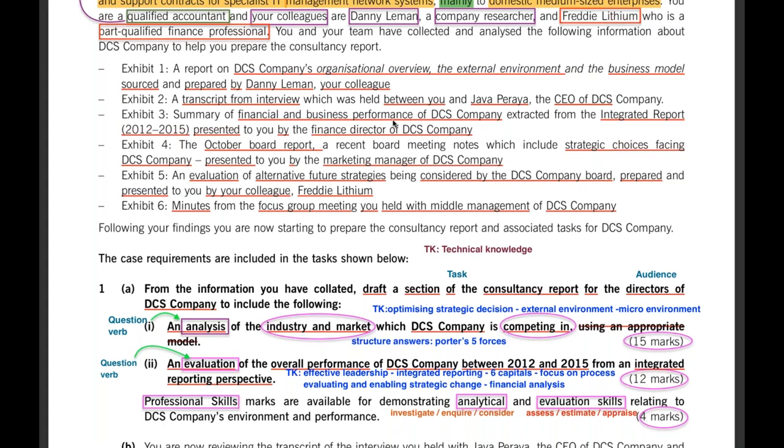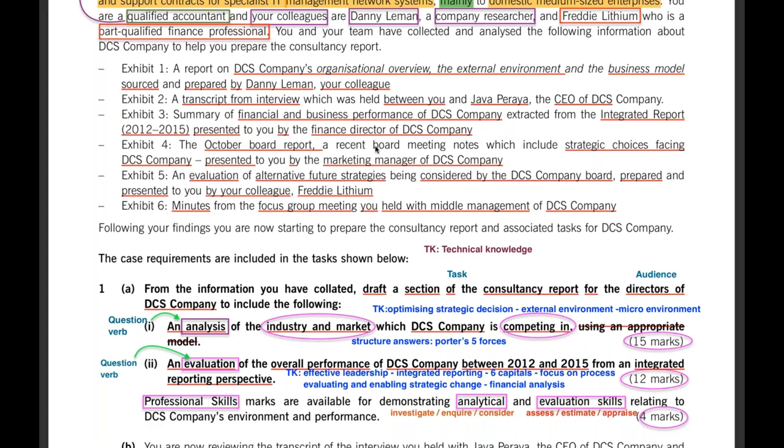So you can gauge that there's some kind of financial statement that might be inside this particular exhibit. You have not looked at the exhibit yet, but by analyzing the front page here, the background of this particular question, you will be able to gauge what would be inside.